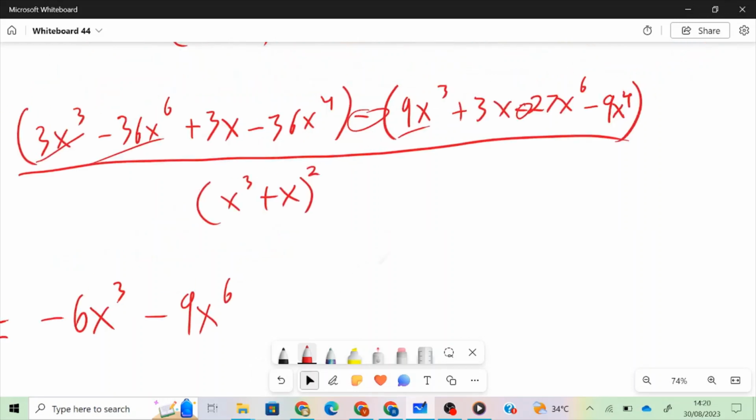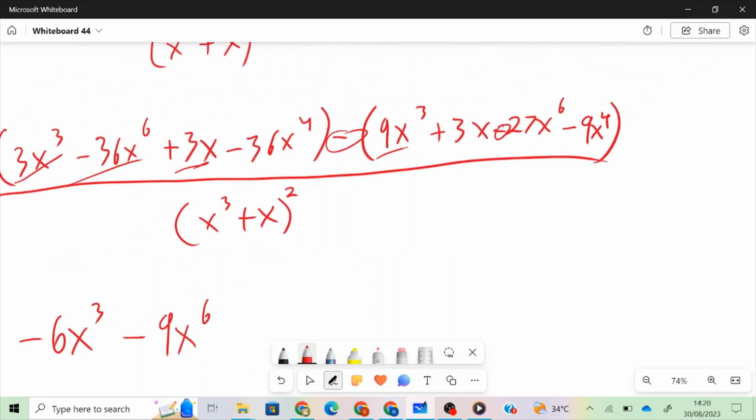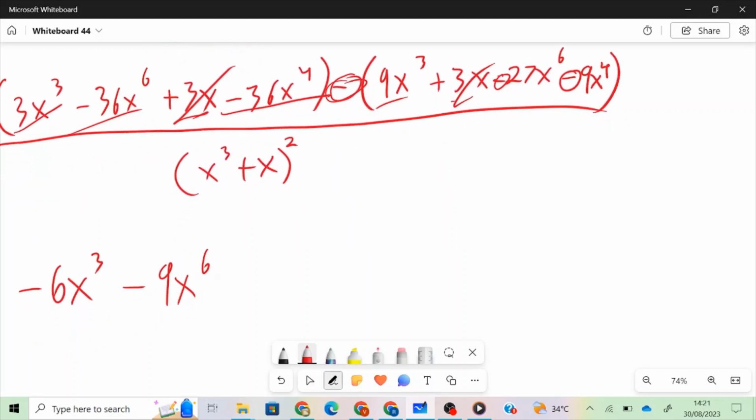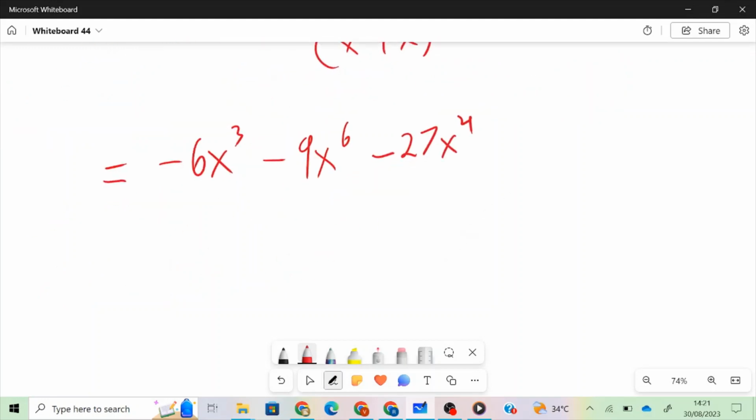And then I also have plus 3x minus plus 3x, so the 3x and 3x cancel out. And lastly I have minus 36x to the power of 4 minus minus 9x to the power of 4, which becomes plus, so minus 36 plus 9, which is minus 27x to the power of 4. And all of that over x cubed plus x all squared.